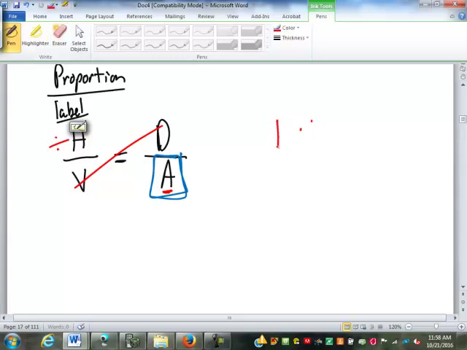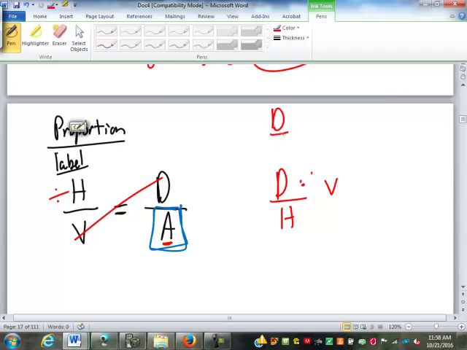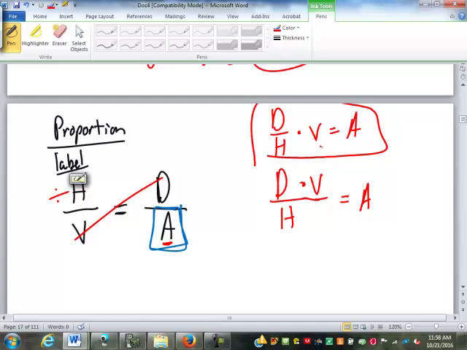D times V divided by H. Does that look familiar at all? It's formatted a little different. D times V is on top divided by H here. On here it's D over H times V, but it's still D is multiplied by V and divided by H. It is the same as our dosage calculation formula. It's just setting it up in a proportion.